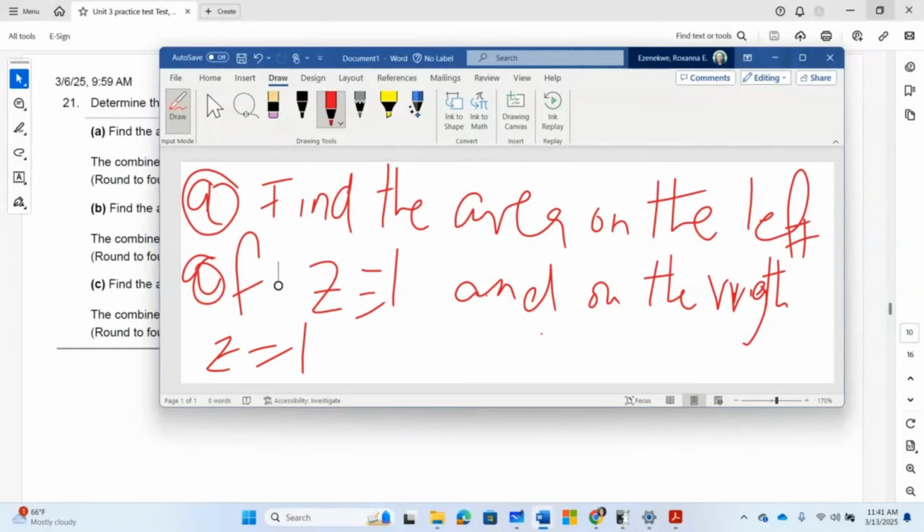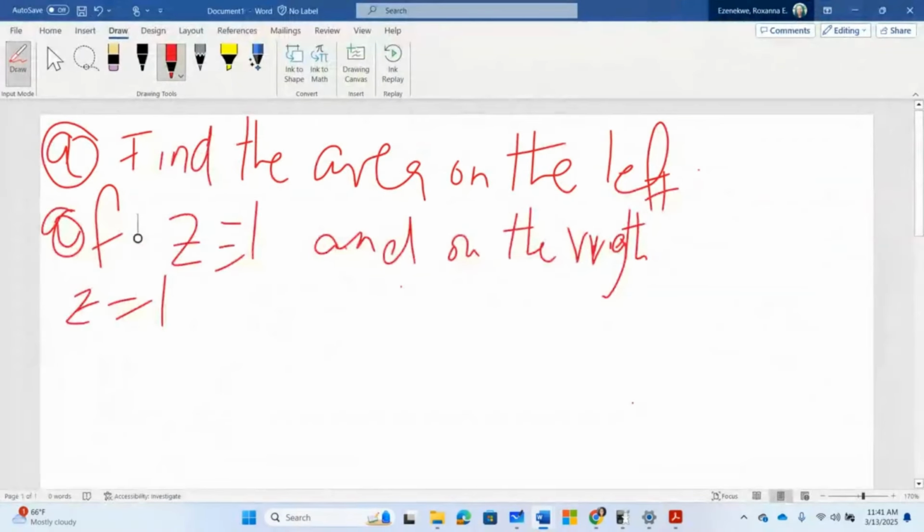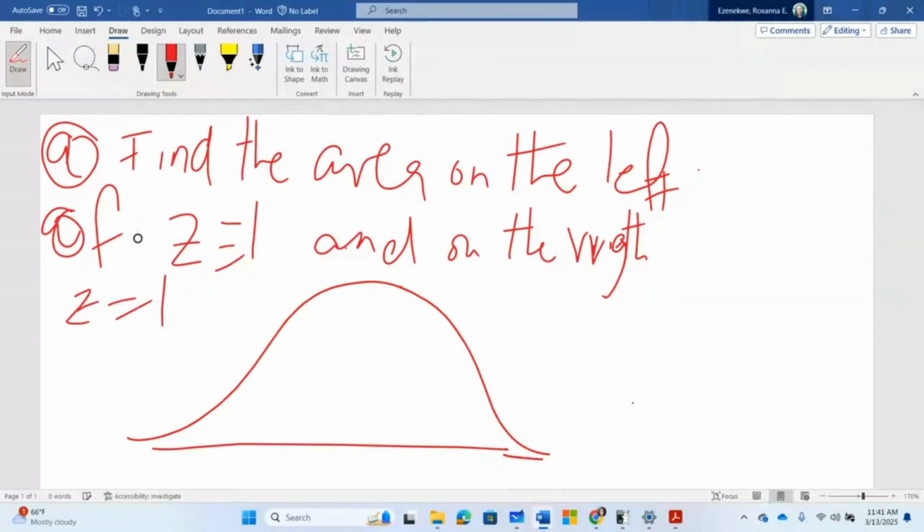So you draw a picture. First thing you want to do is draw a picture. So I'm going to draw a picture. So this is z equal to 1 here, and z equal to -1 here.